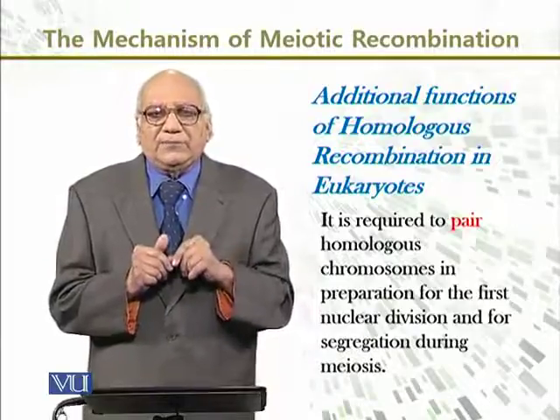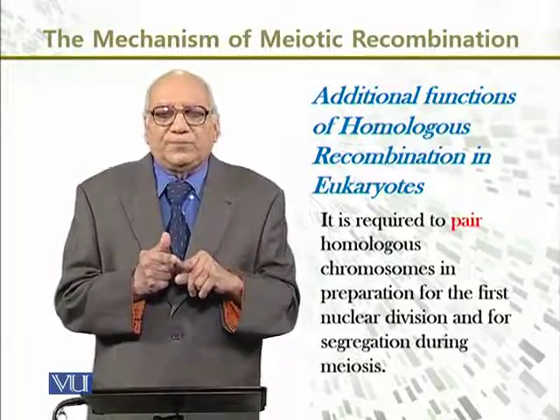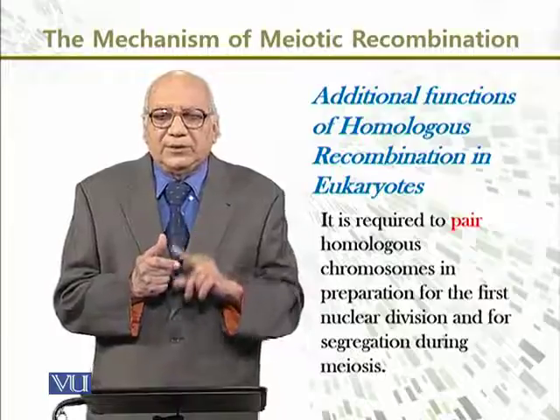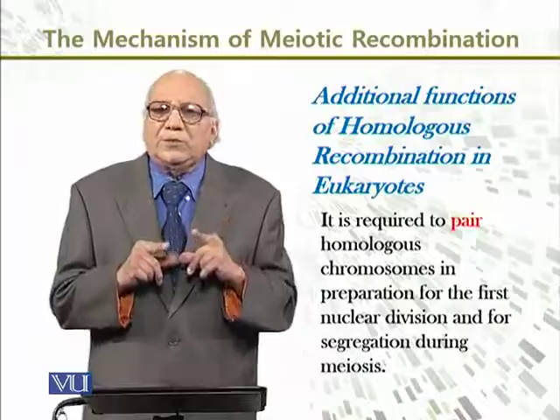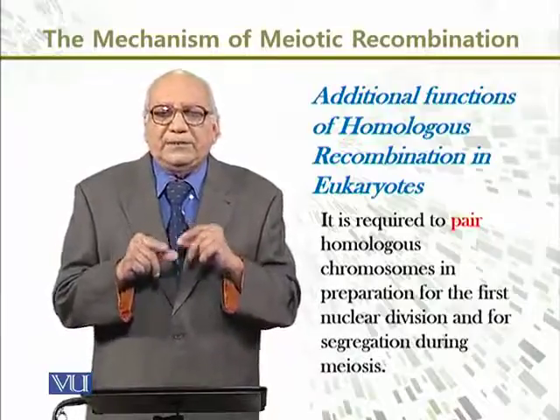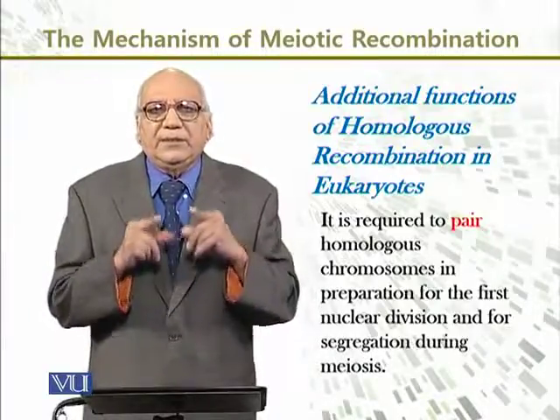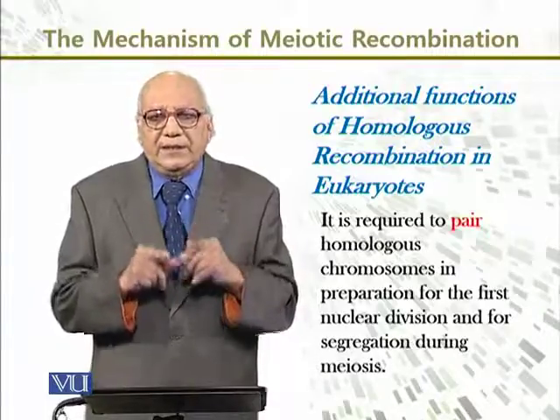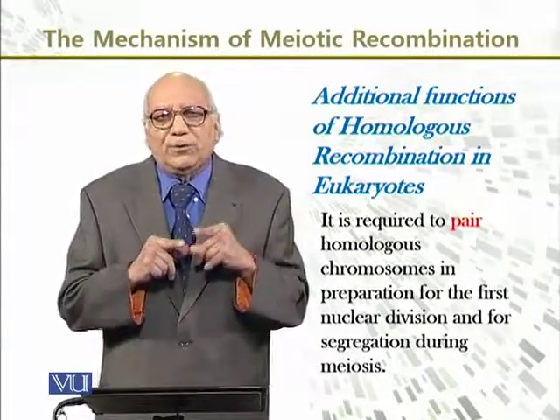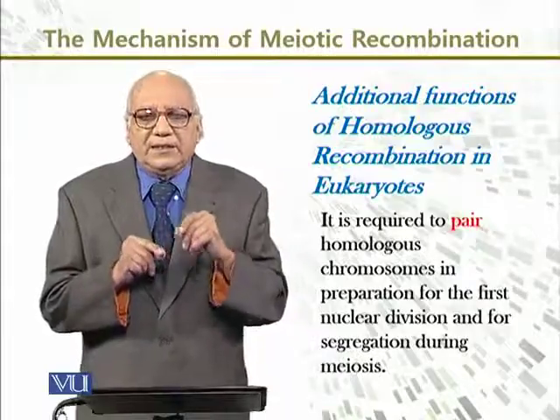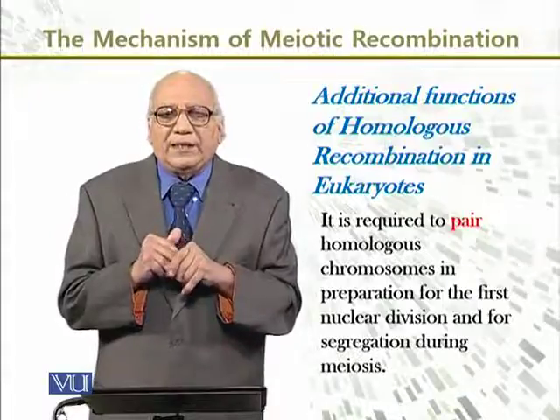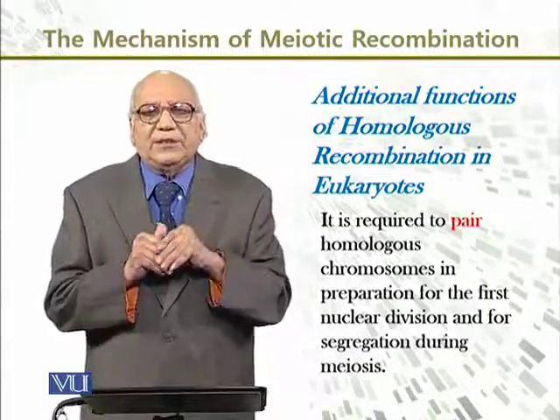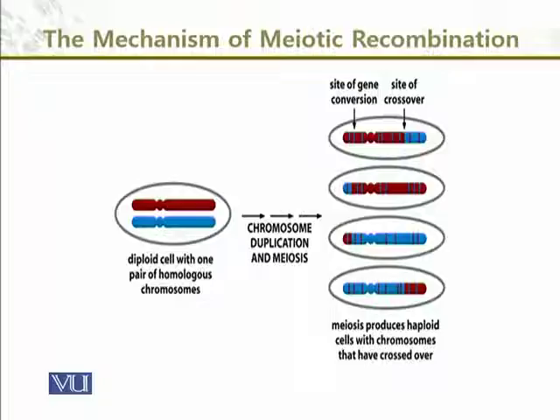This is the mechanism where, before the nuclear division occurs, it pairs the homologous chromosomes in preparation for the first nuclear division. Remember, there is a division in meiosis, but before that, the homologous chromosomes are paired by the homologous recombination mechanism in the cells, just as seen here.